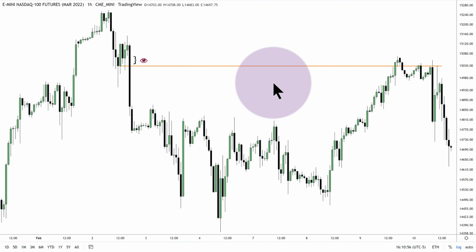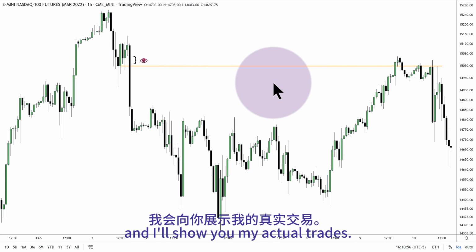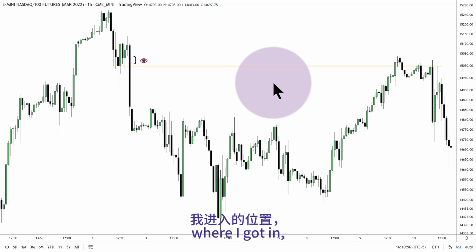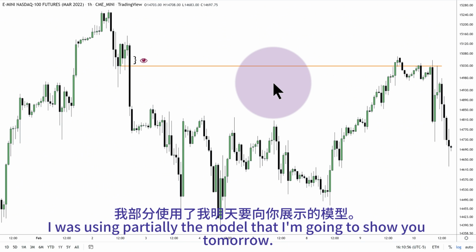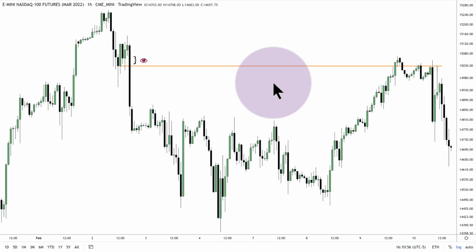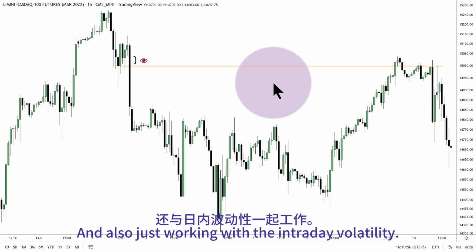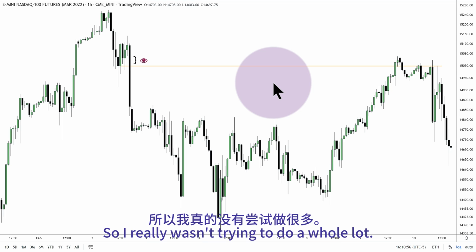I'll show you my actual trades, where I executed, where I got in, where I got out. I was using partially the model that I'm going to show you tomorrow, and also just working with the intraday volatility. So I really wasn't trying to do a whole lot.